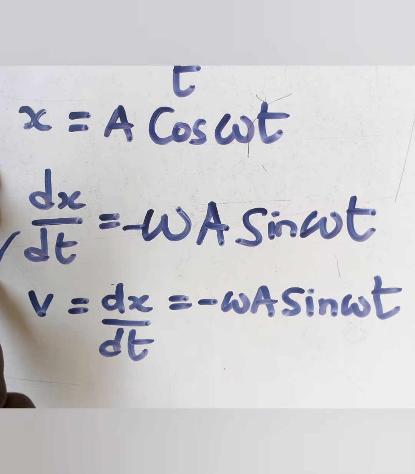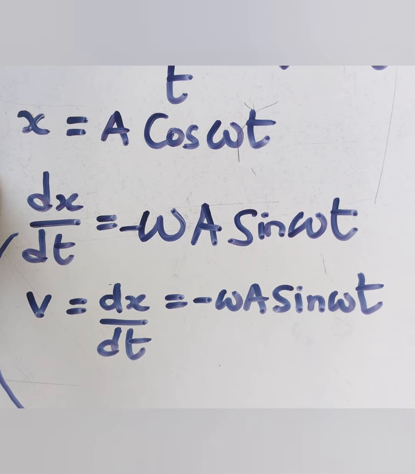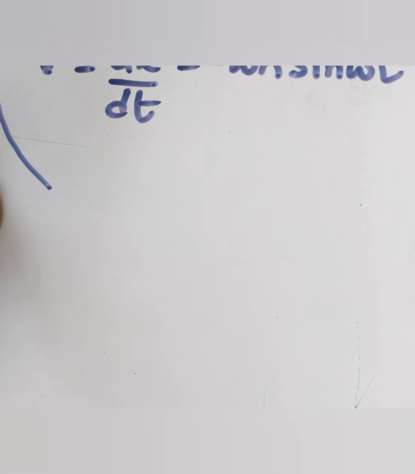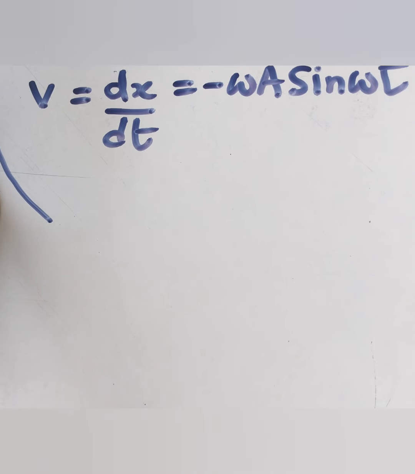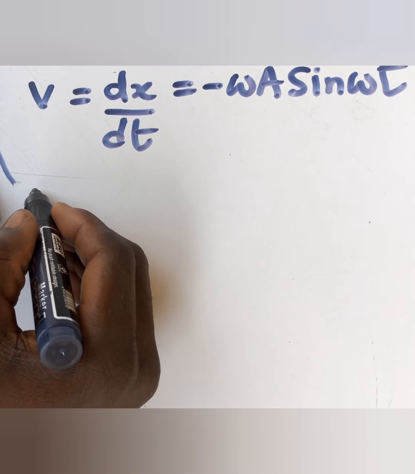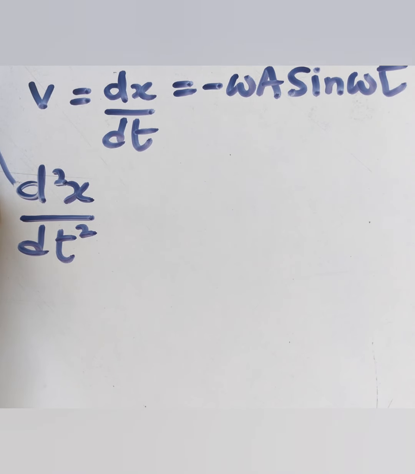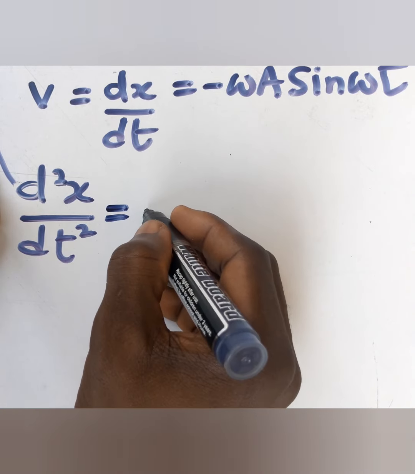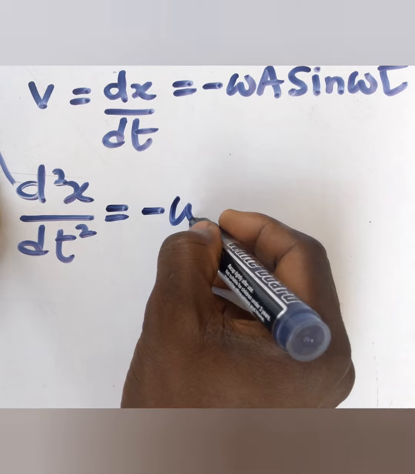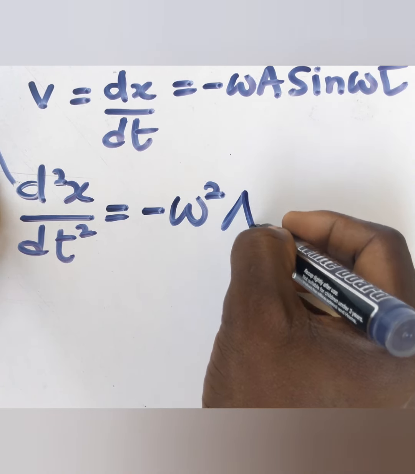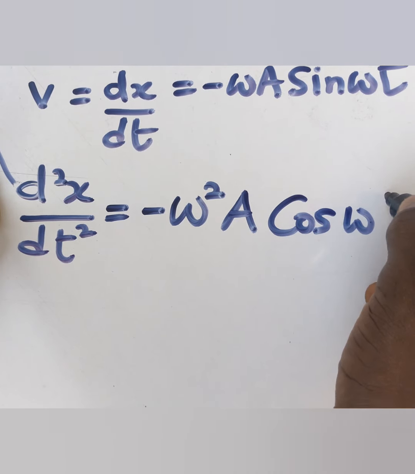Let's differentiate this one more time. That will give us d squared x over dt squared, which is equal to minus, we have the minus there, then omega will come out again, making omega squared, then a, then cos omega t.